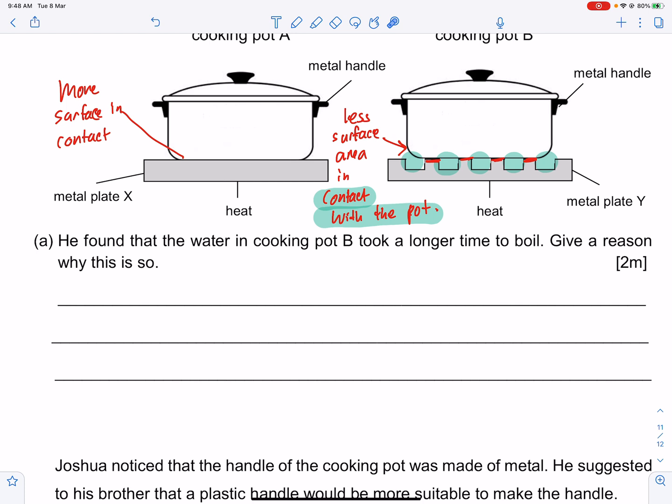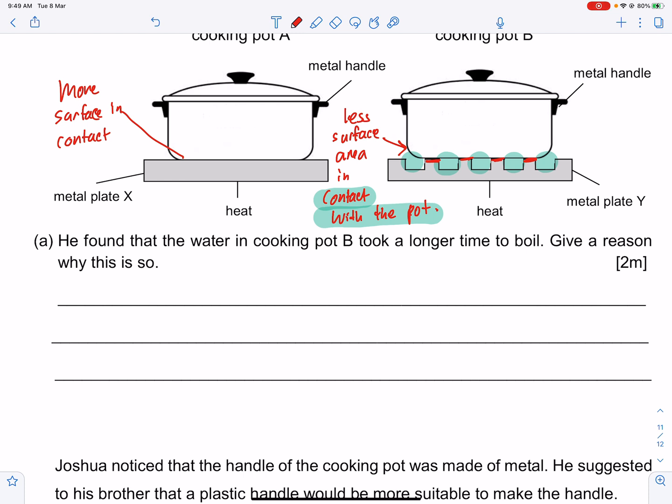Okay, so one other very important thing, okay, you need to actually talk about how about B, okay? So if you just talk about A, it's also not correct, alright? So how do we compare this?